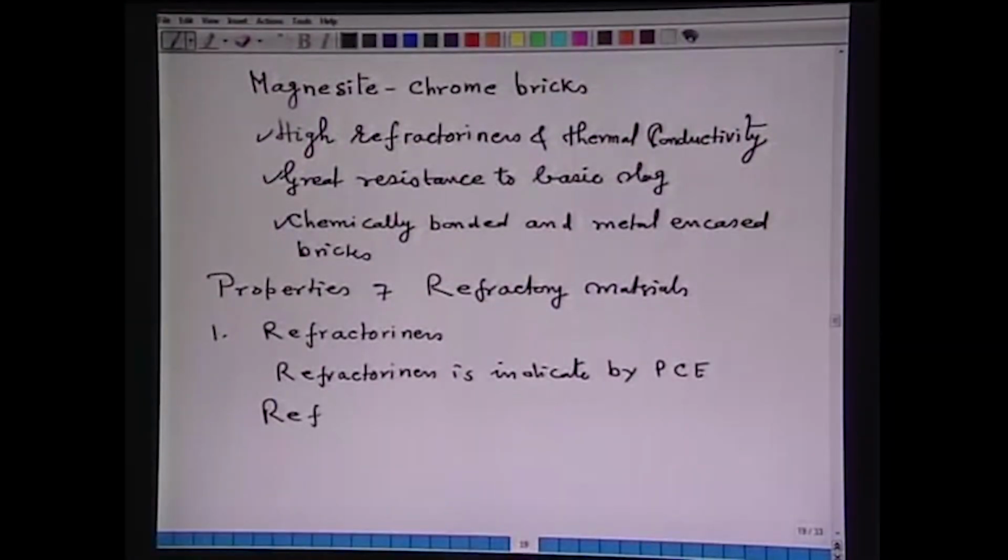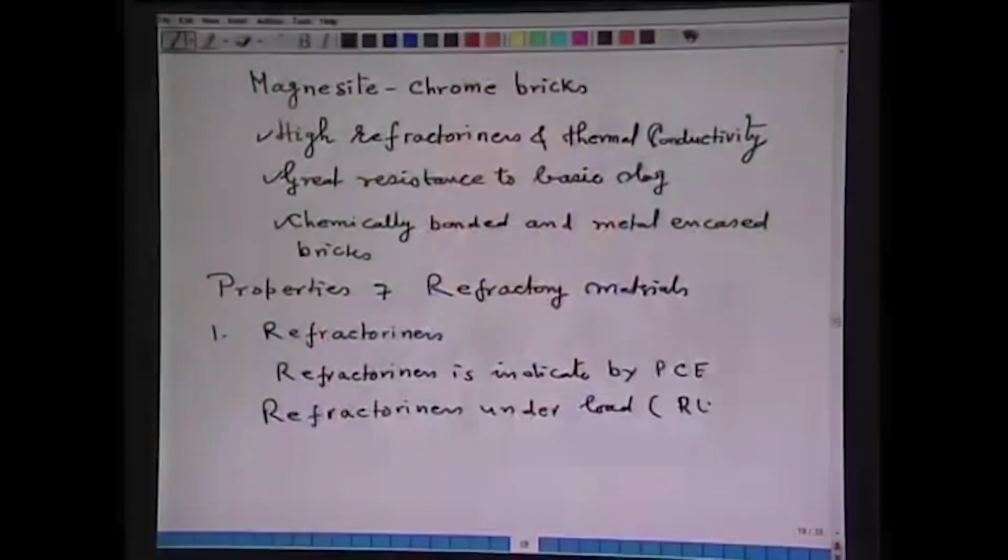When the refractory is under the external load, then its refractoriness will be somewhat different than refractoriness itself. So another property which is important is refractoriness under load. That is, you take a refractory and you load with some external load and then find out pyrometric cone equivalent.